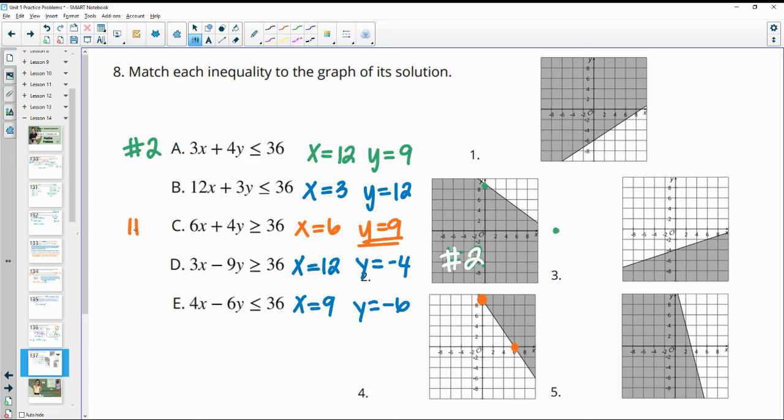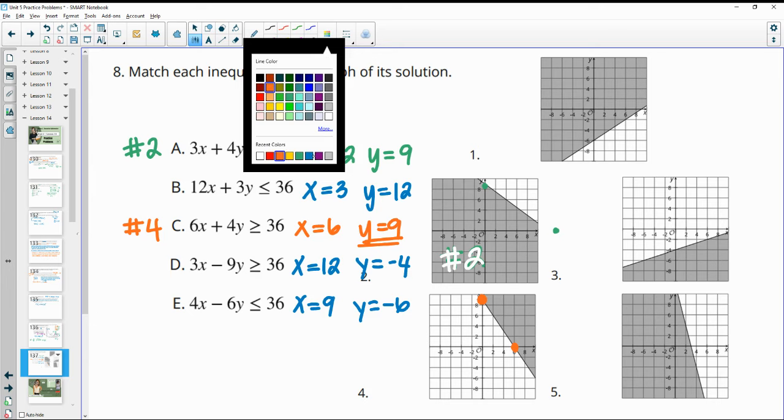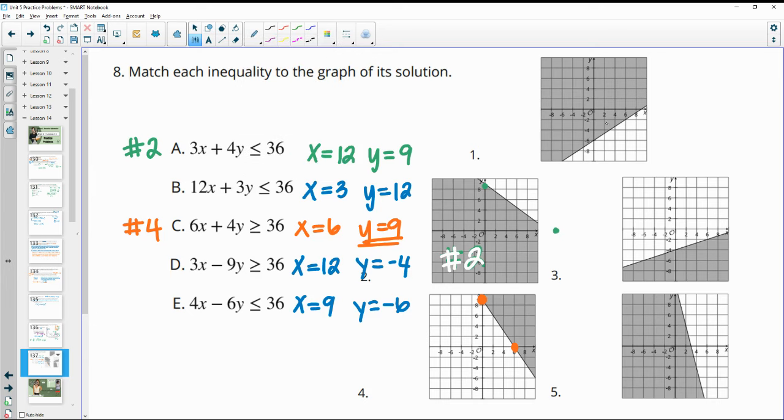So this C equation goes with graph number 4. Then we can look at 3 and 12, right? So X equals 3. So where does X equal 3? And we see X equals 3 right here. And we could imagine that it would cross at Y equals 12. So that's graph number 5.